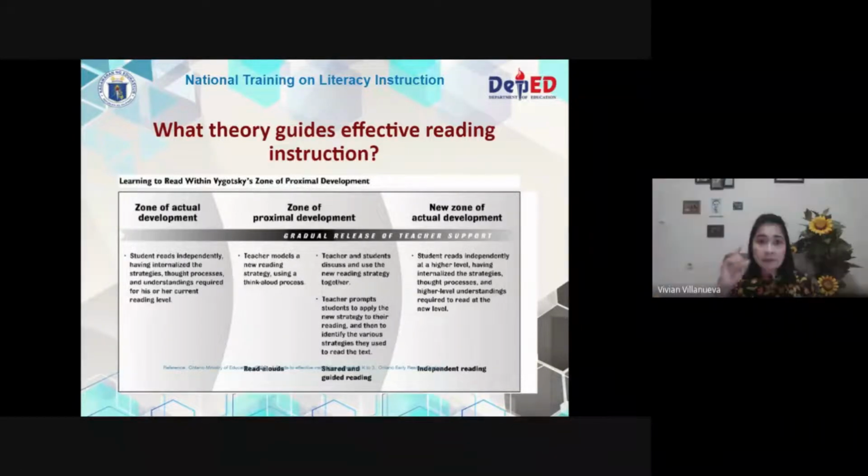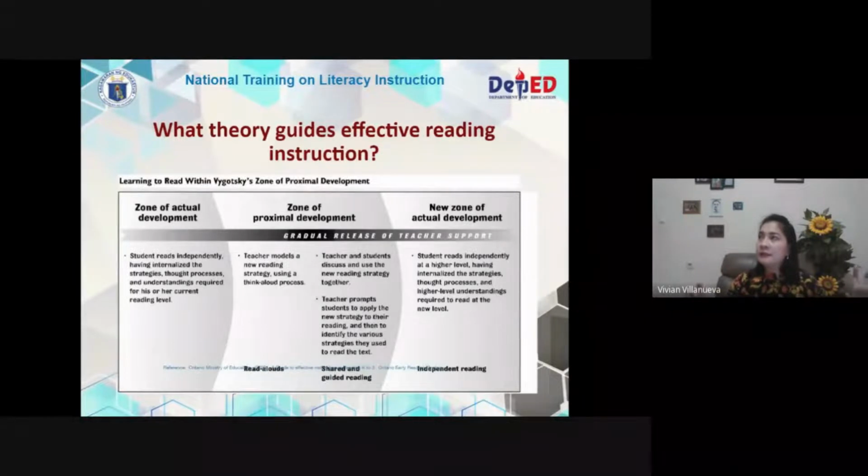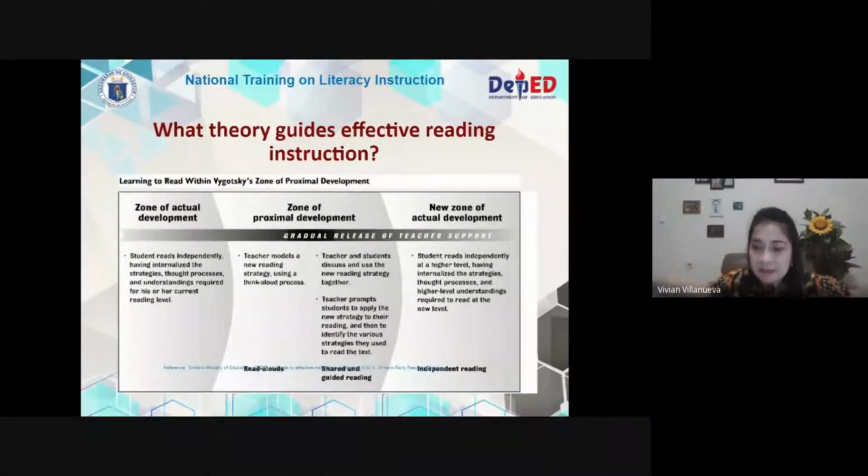But they can actually see beyond that through the questions and scaffolding techniques that we as educators can give them. By using the reading strategies that we learned, we can help them go beyond their territory to their new actual zone.